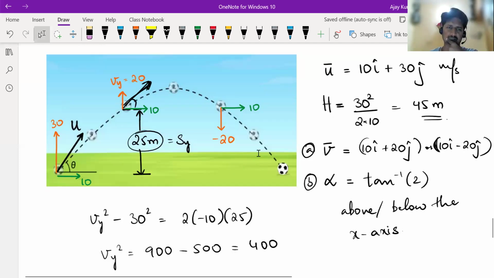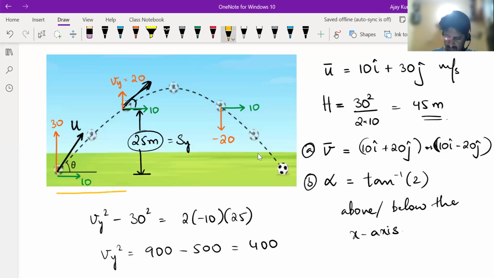Calculate range in this case. Range is basically displacement in the x direction. We had discussed this in the last class. If you want, you can use equations of kinematics. Otherwise, if you remember the formula for range, you can use the formula for range. Calculate the range, all of you. How far is it going to strike the ground?